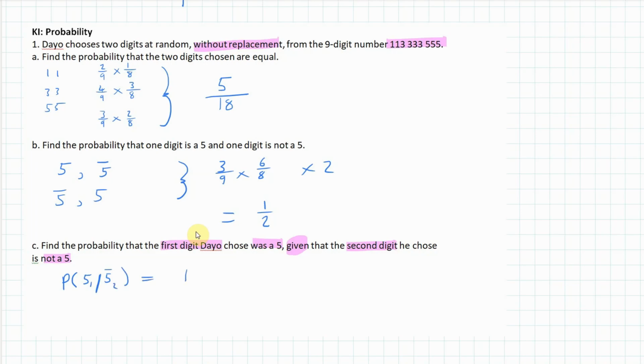Now the way we write that, we find the probability of 5 as our first digit intersection with not 5 as our second digit, divided by the probability of not 5 as our second digit.